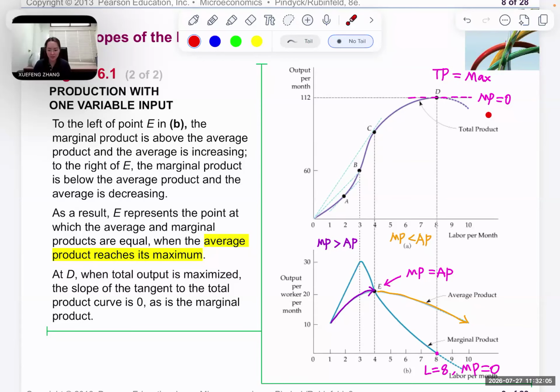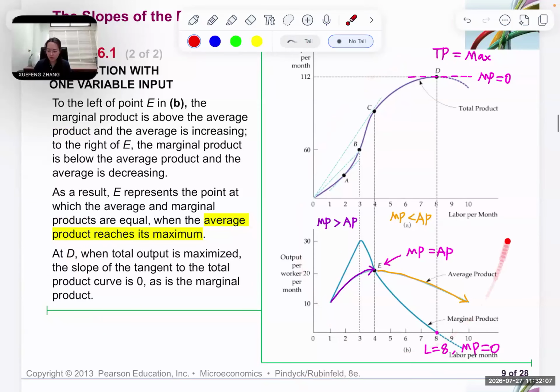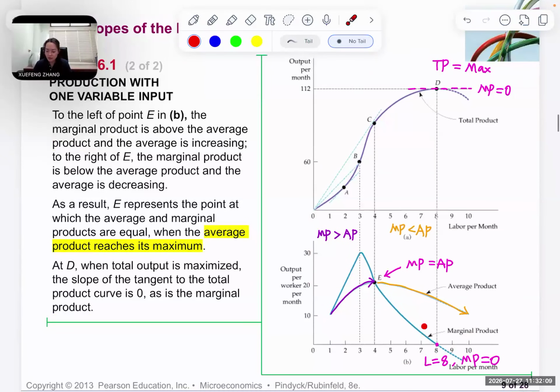Don't mix them up. So when you draw those graphs, you should clearly show me that at point E, average product peaks.